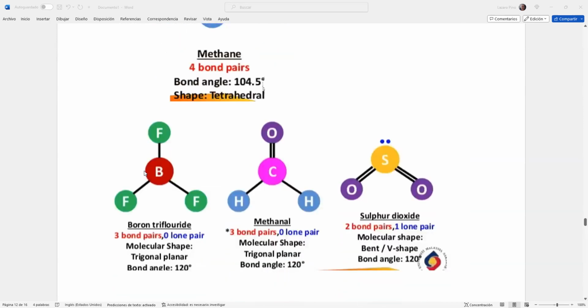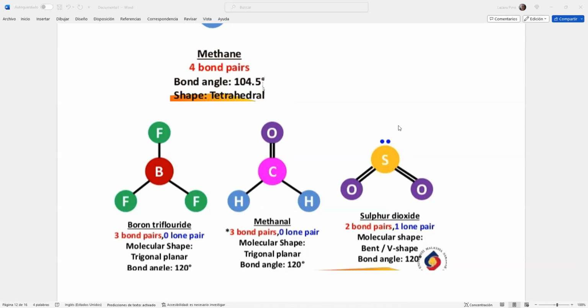Let's see these three cases. In these three cases, you have three groups of electrons. In the first case, you have no lone pairs, so the molecular shape is trigonal planar. In the second case, you also don't have lone pairs, so the molecular shape is also trigonal planar.